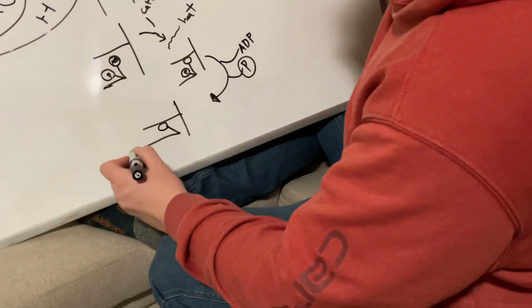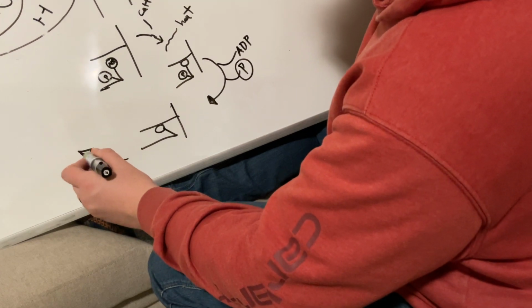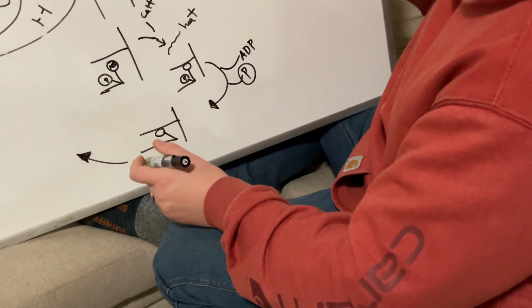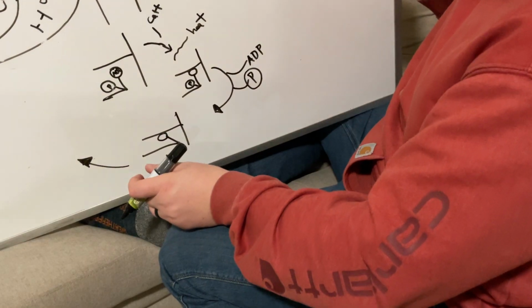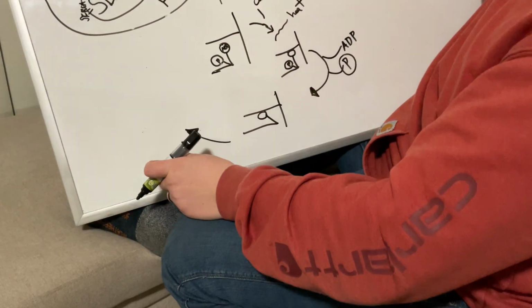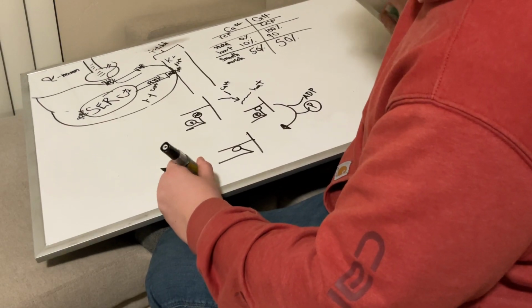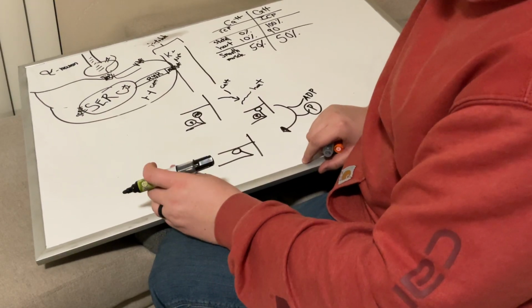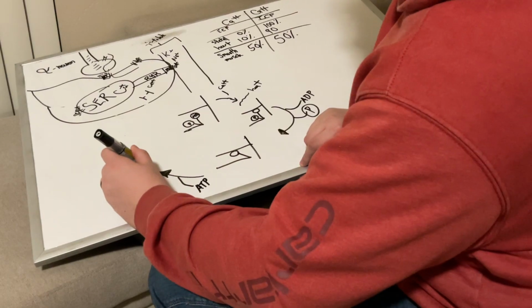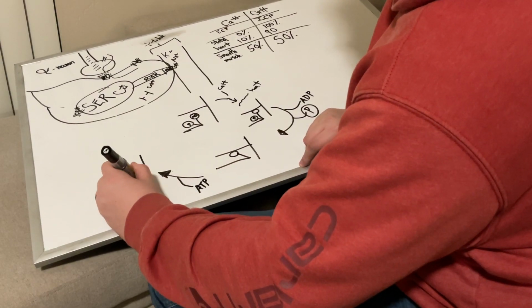From here, the myosin head has ATPase on it, so we can introduce ATP back into the system. We put the ATP onto the myosin head.